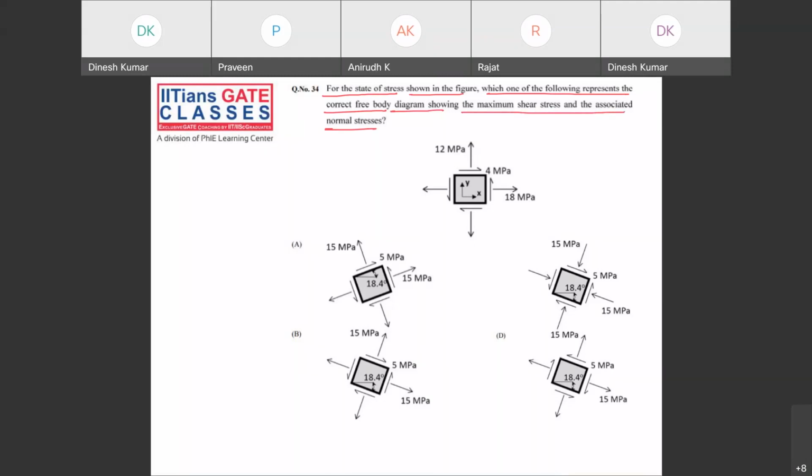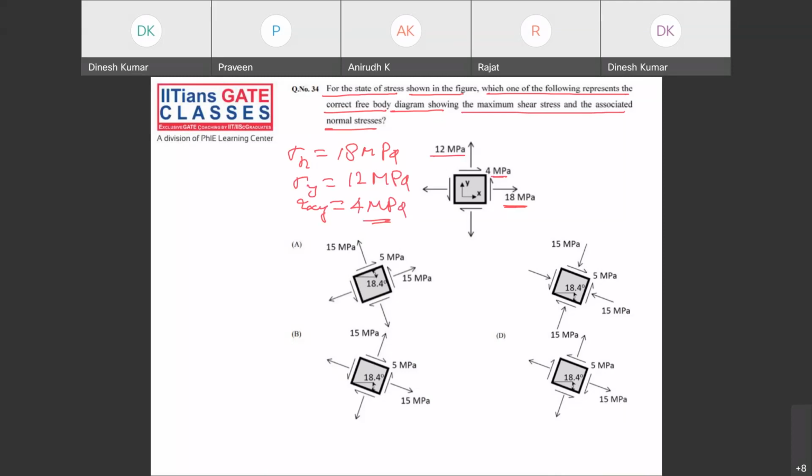If you see this, what is the given data? Sigma x is given as 18 megapascal, and is it positive? Yes, as per the sign convention, this is positive. Sigma y is given as 12 megapascal, is it positive? Yes. And tau xy is given as 4 megapascal.